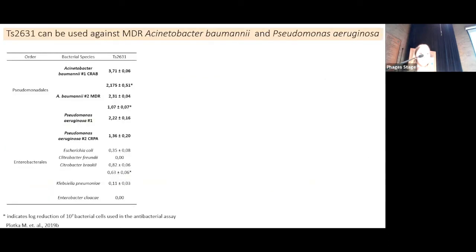And it was checked if this endolysin can degrade some species of the orders Enterobacterales and Pseudomonadales. And we found out that it is actually active against multi-drug resistant Acinetobacter baumannii and Pseudomonas aeruginosa.